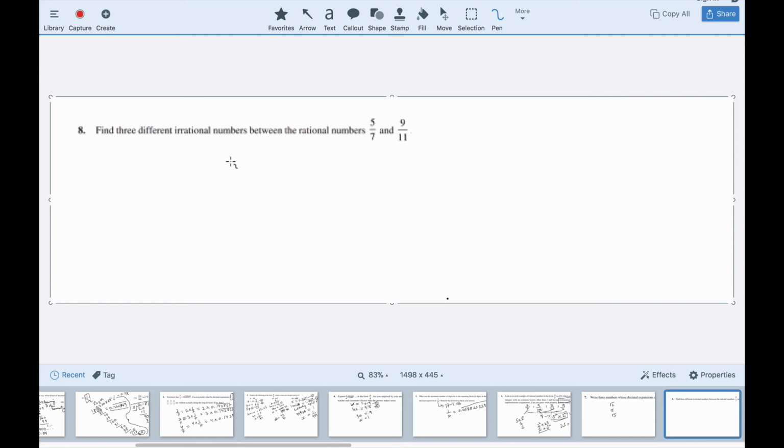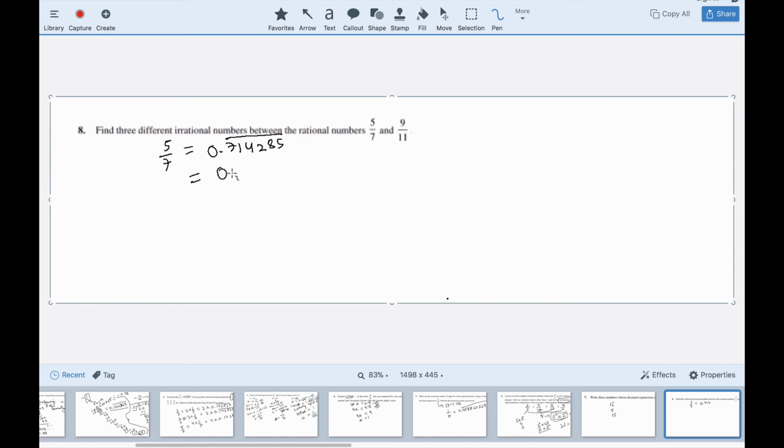Find three different irrational numbers between 5 upon 7 and 9 upon 11. Now in order to solve this, it's easy if I convert these numbers to decimals. So 5 upon 7, when I divide, it will give me 0.714285. Now you don't actually need to do the whole division.